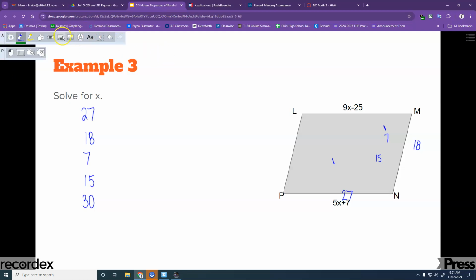All right, now, this one is one of those problems. We've done a couple with the triangles where they're throwing some algebra in there. So we've got LM is 9x minus 25, and PN is 5x plus 7, and we are supposed to solve for x. So, Alex, what do you think we should do to solve this problem? Okay, we're going to put them in an equation because LM and PN are equal to each other, right?